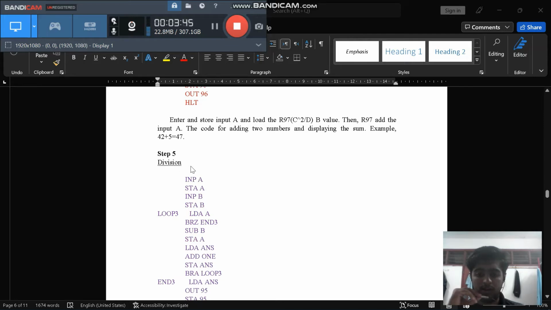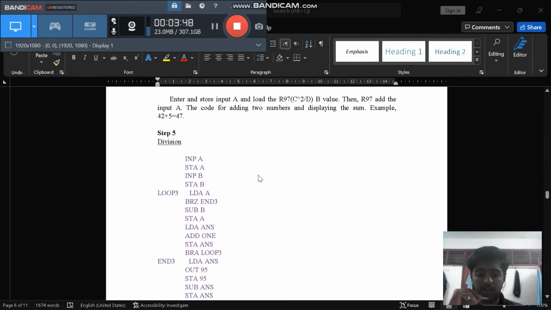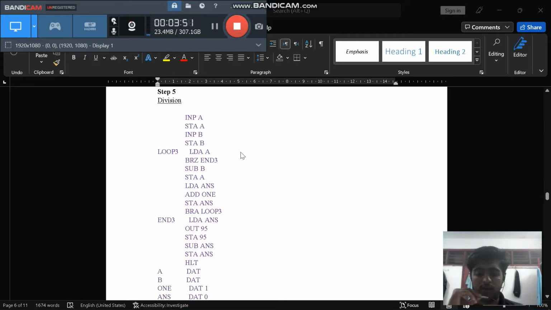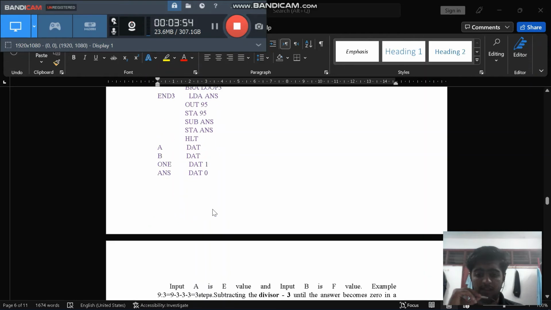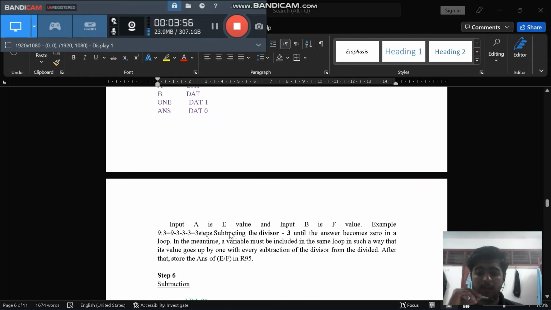So the fifth step is the division, which is conducted for e and f. For this e and f assembly code, input a is the e value and input b is the f value. For example, for e we input the value of 9 and the f value is 3.